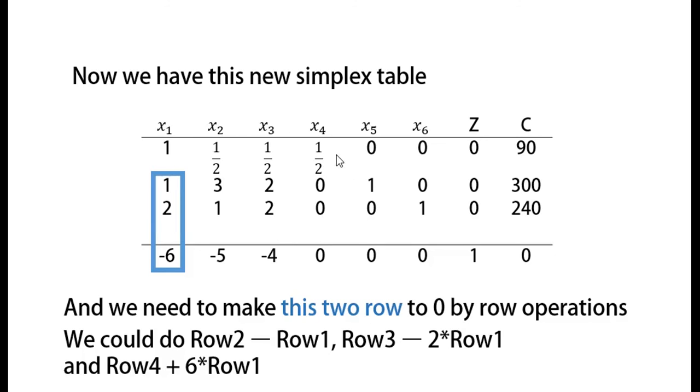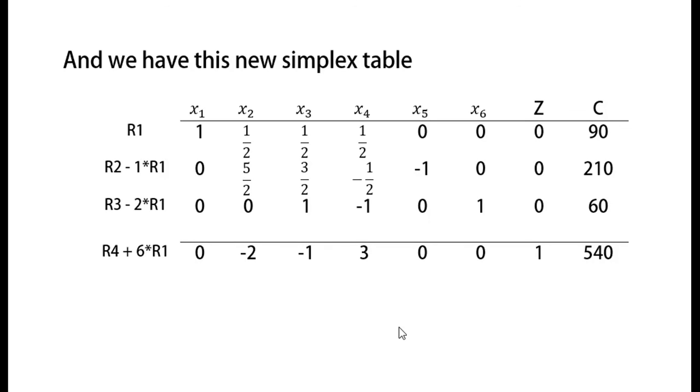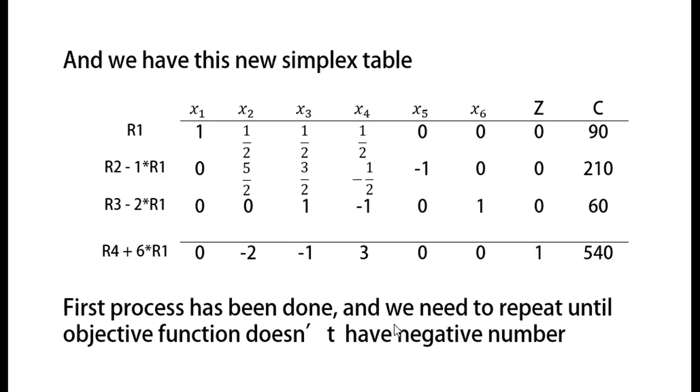We could achieve this by these operations. Now we have a new simplex table, and we have to repeat this process until the bottom row, which is for the objective function, doesn't have a negative number. As the bottom row isn't optimal yet, we need to do more iterations.